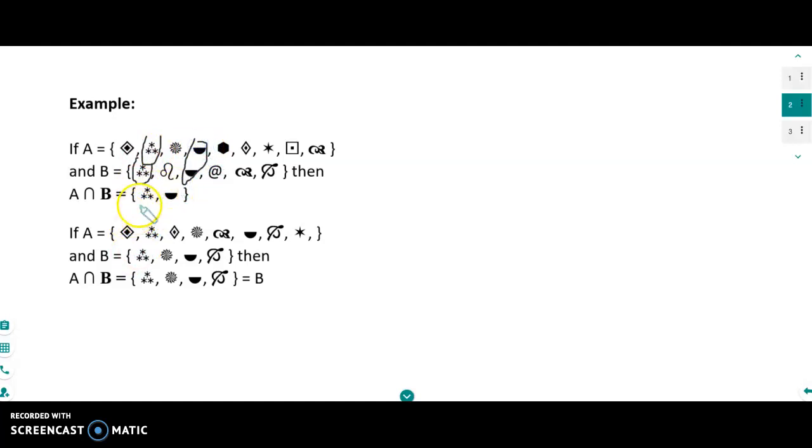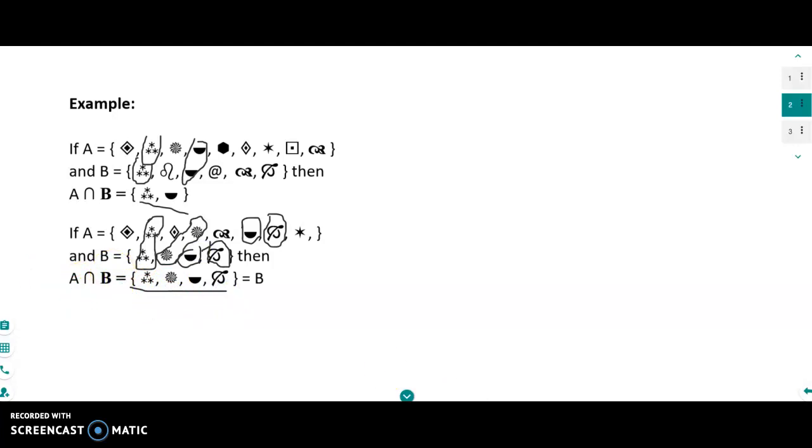These elements are in common, so this is the intersection, all right? If A equals these elements and B equals this, then the intersection will be, we have these elements, it's like snow crystals, something like that, and this, okay? And what else? We have this here and here, and we have this here and here. Okay, so this will be the intersection between A and B.